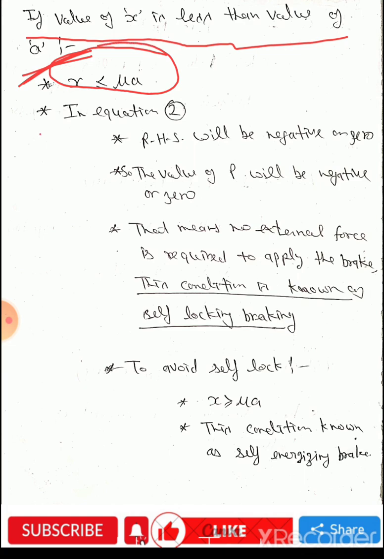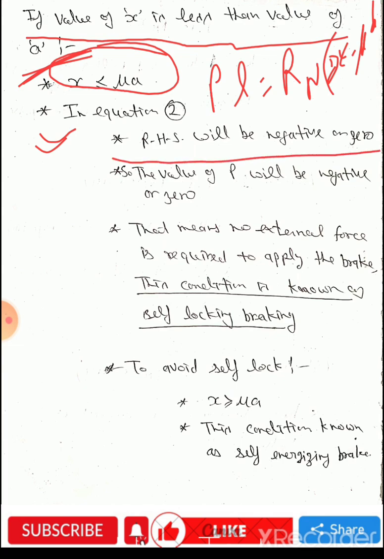In equation number 2, PL is equal to Rn (x minus mu a). So if x is less than mu a, then the RHS will be negative or 0.